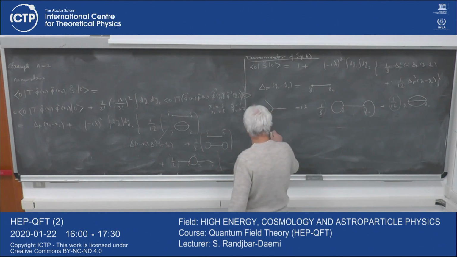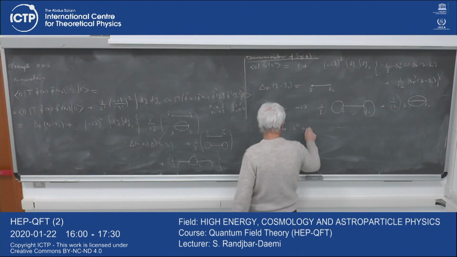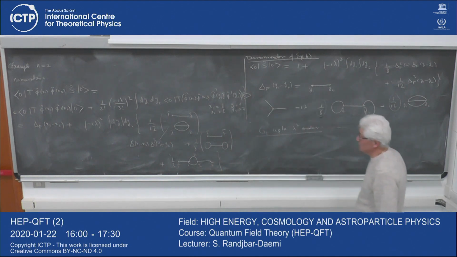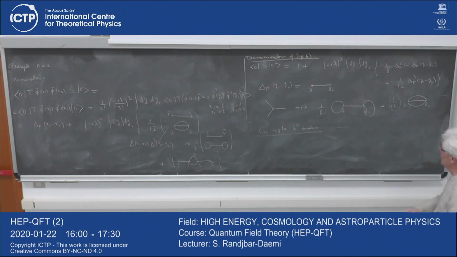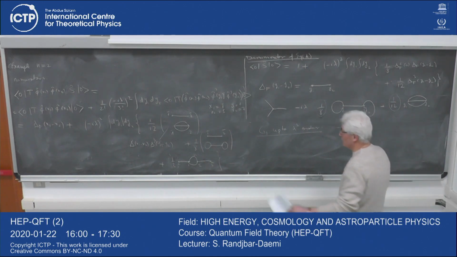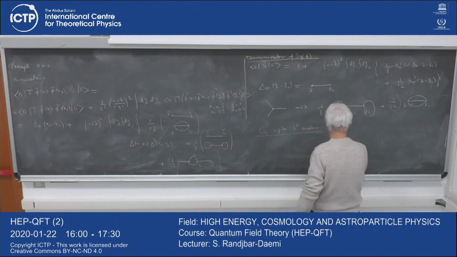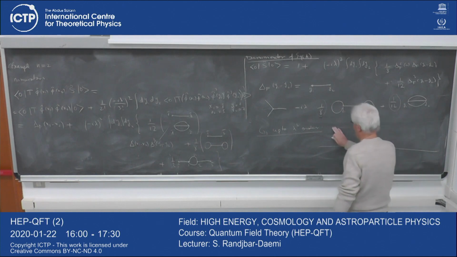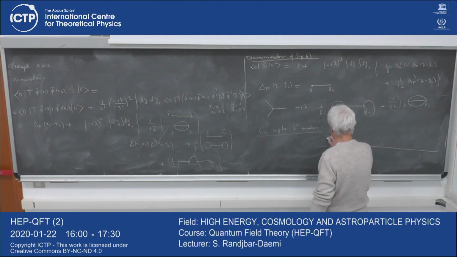So G2 up to lambda squared order will be, I'll just write the graphs in the denominator and numerator and tell you what happens when you divide them.